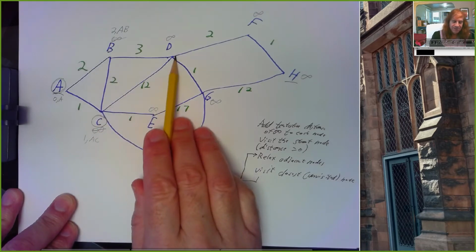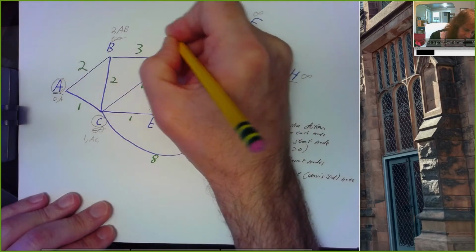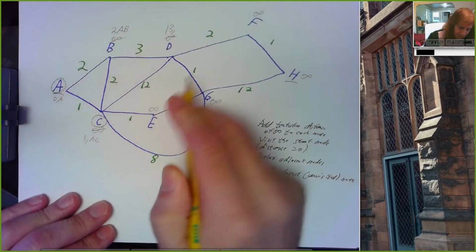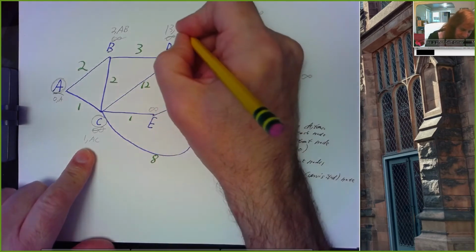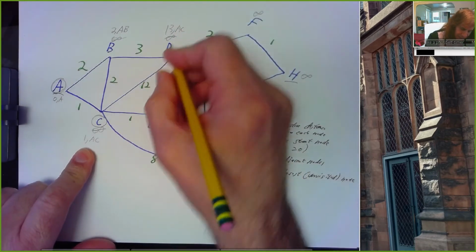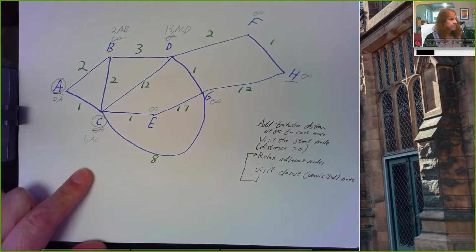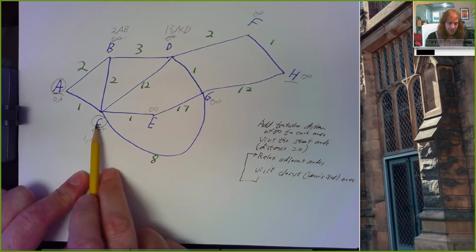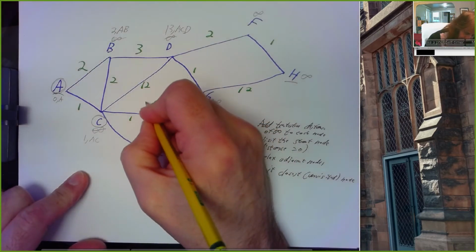1 plus 12 is 13, that's better than infinity. So let's change this to a 13. And how do we get here? Take whatever path you used to get here, which was AC, and then add on this node, D. Okay, 1 plus 1 is 2, that's better than infinity, so we're going to relax this to a 2.